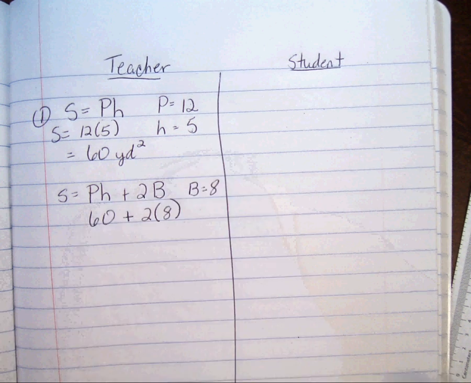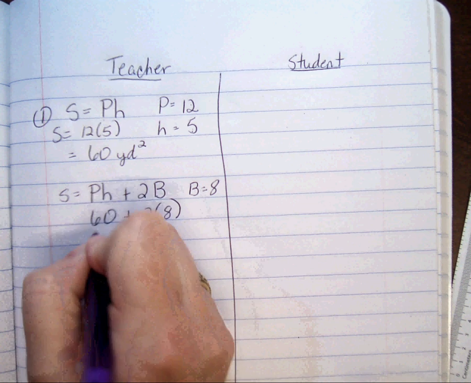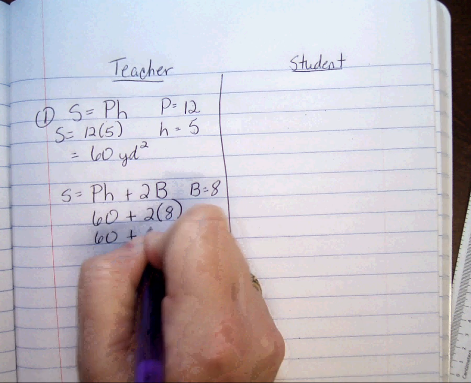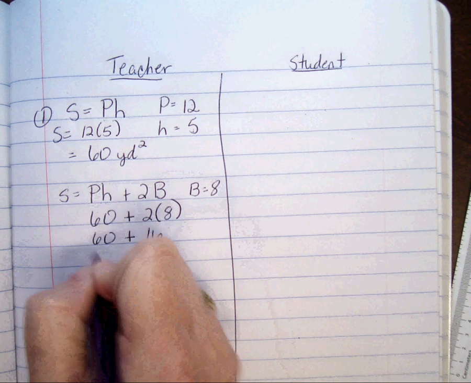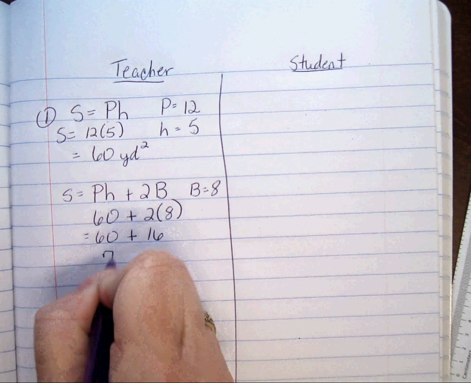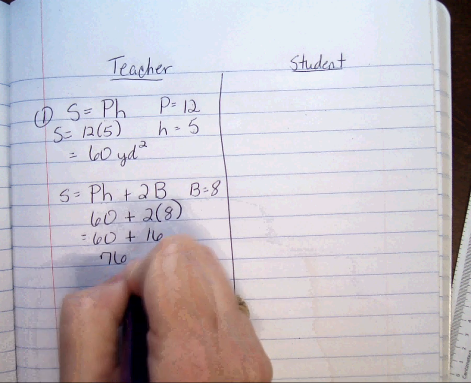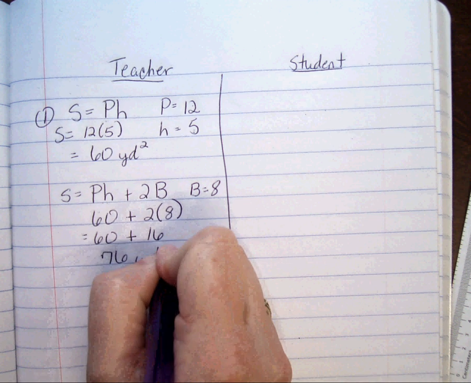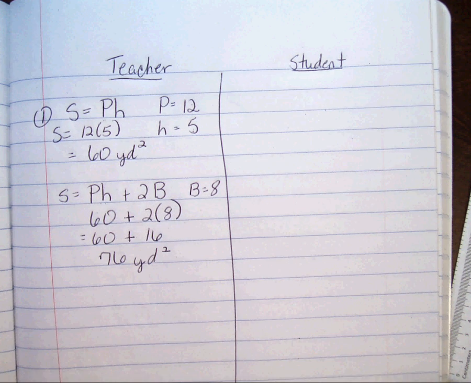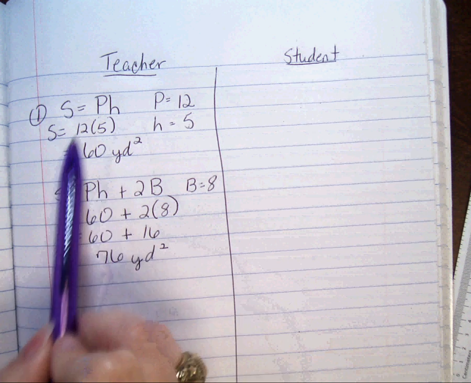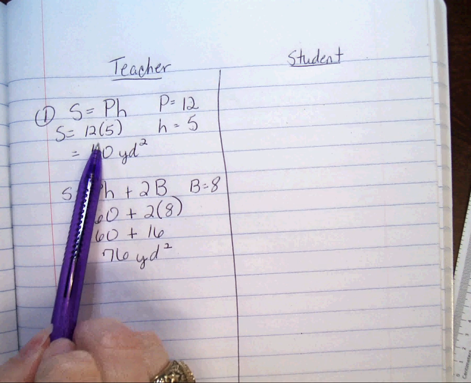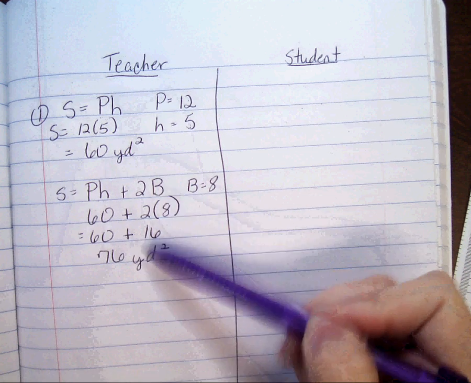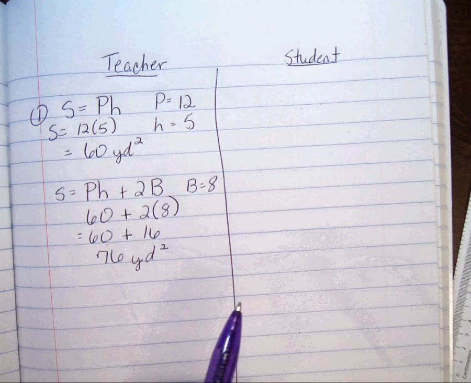So this is going to be 60 plus 16, which equals 76 yards squared. Once you find the lateral surface area, all you have to do then is find the area of the two bases and add it to it. That's basically what the formula is saying.